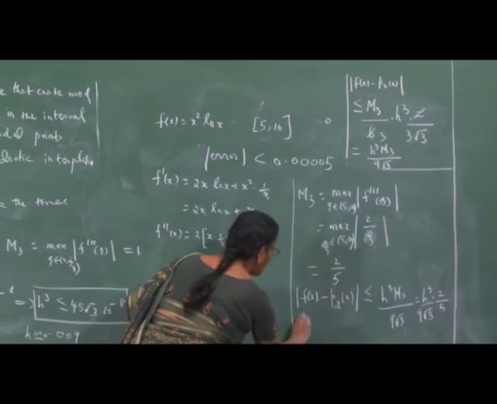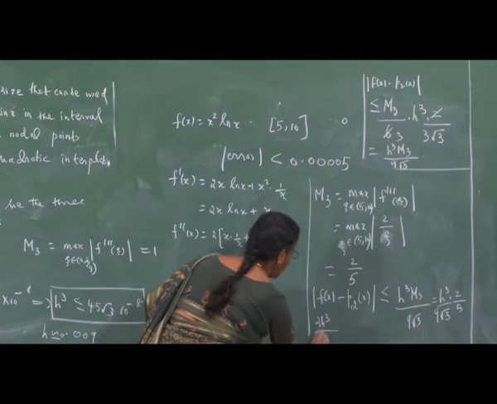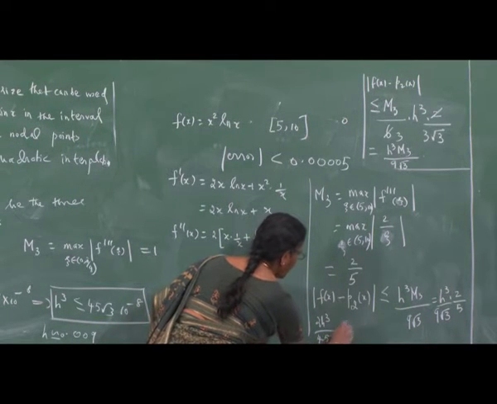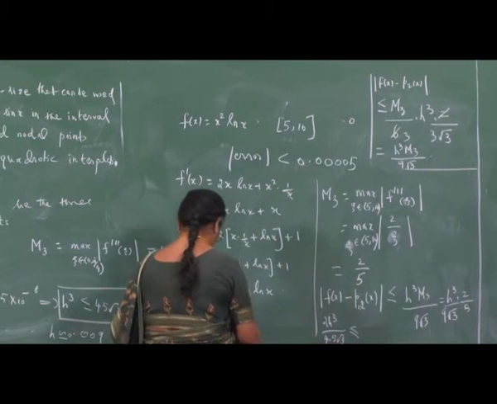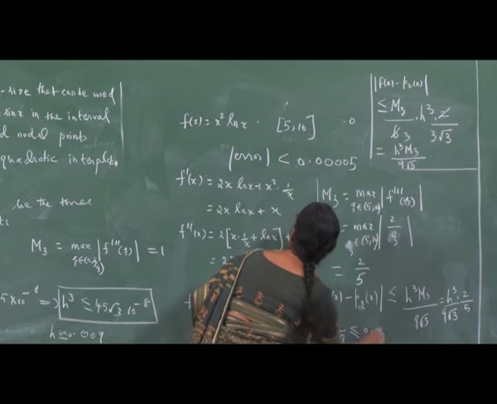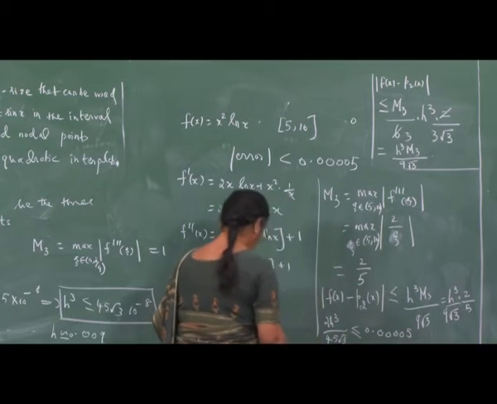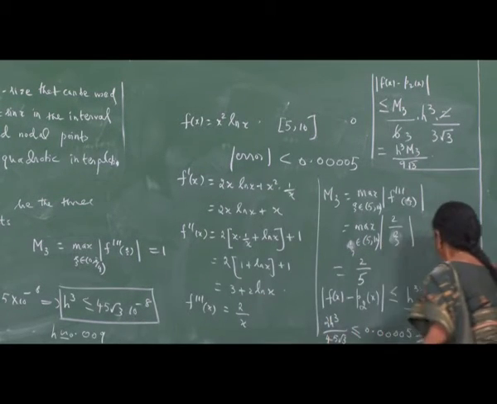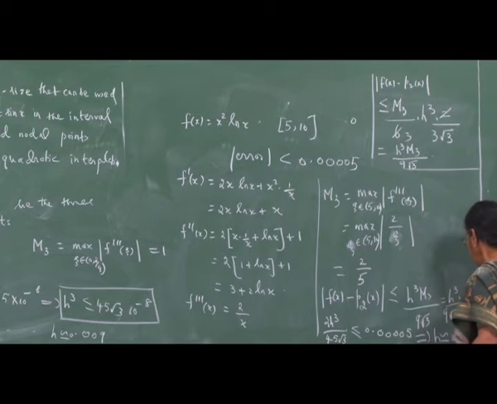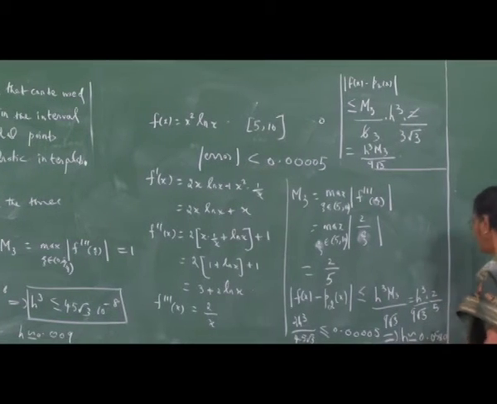I want 2h cubed by 45 into root 3 to be less than or equal to 0.00005, and that gives h to be approximately 0.0580.